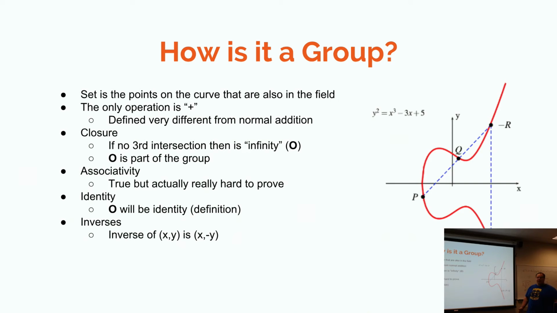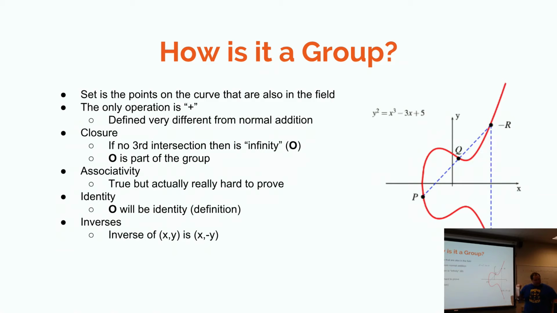And how it works is that given 2 points, you draw a line through them. And because of the way it is, you're going to intersect somewhere else on the curve, and then you reflect. And that is what we call addition. It's a lot of steps. That's addition.